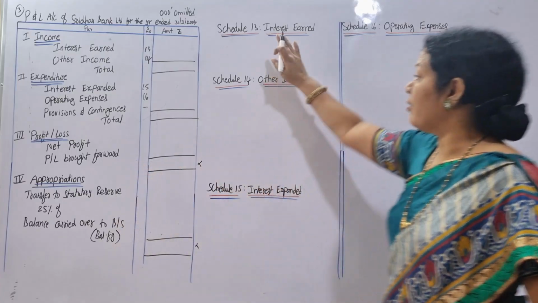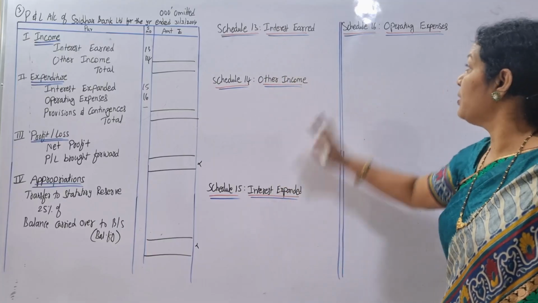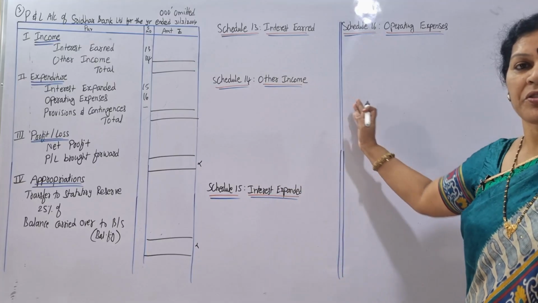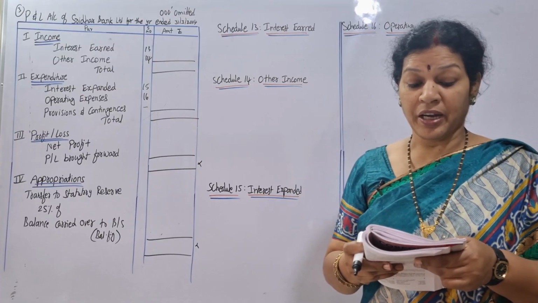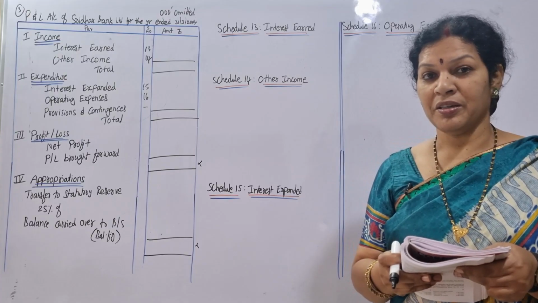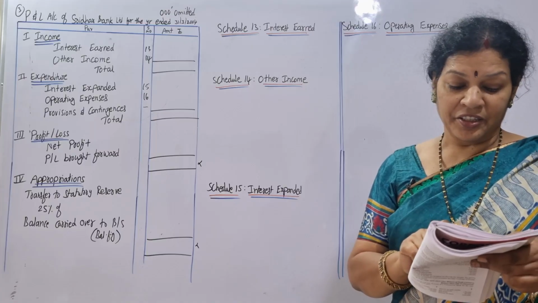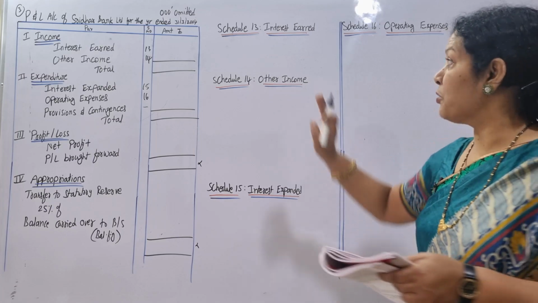Okay. Now already I have prepared schedule number 13, 14, 15, 16. Whatever comes, as I explained, will be posted over there. Okay. First one. Interest and discount. This is schedule number 13. But there is an adjustment. What is that? It is given rebate 30,000. That we have to deduct. Schedule number 13.